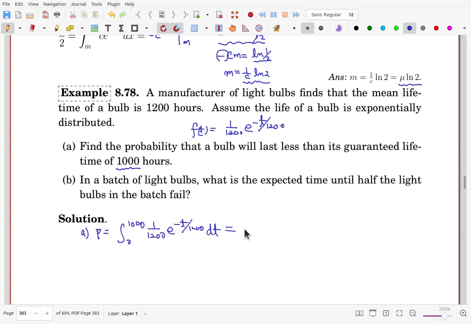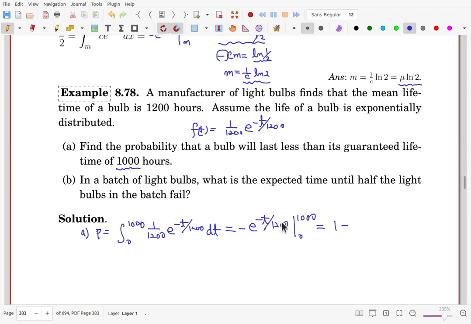Its antiderivative is minus e to the minus t over 1200. Now we are evaluating from 0 to 1000. Once it is 0, then it's 1.